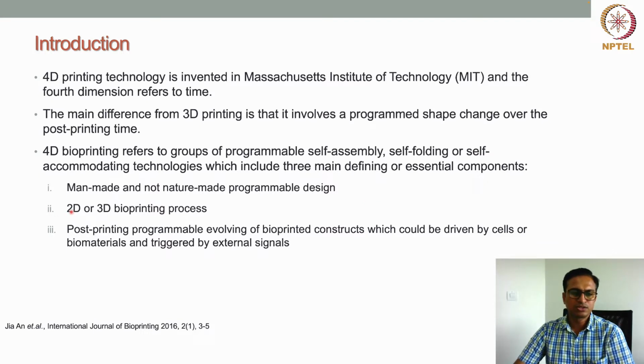Also, typically all 2D and 3D bioprinting processes can be considered, but along with that, if a programmable shape, size, or volume change happens, then it can be considered 4D bioprinting. And there is the post-printing programmable evolving of bioprinted constructs, which could be driven by cells or biomaterials and triggered by external signals. In bioprinted constructs, sometimes changes happen upon maturation, but those changes can also be programmable or anticipated, driven by cells or biomaterials, and sometimes triggered by external signals.